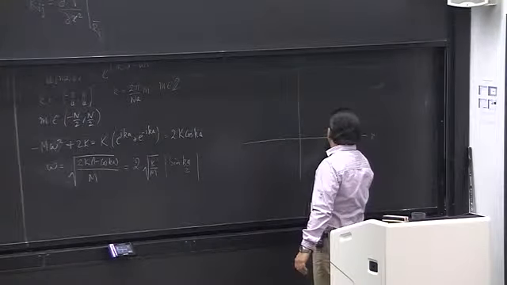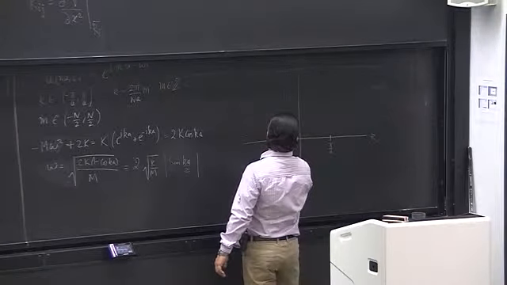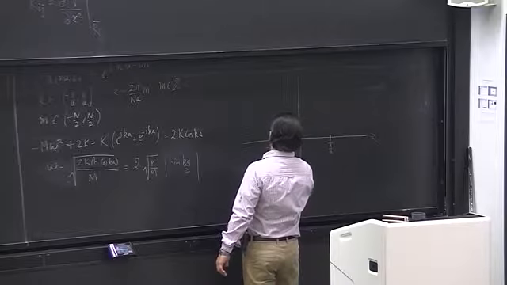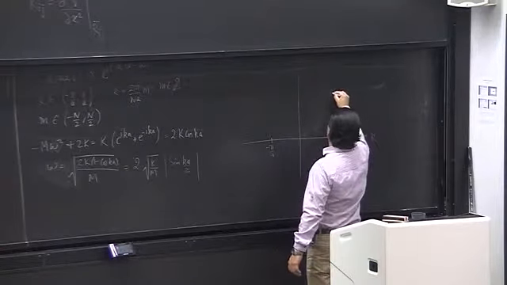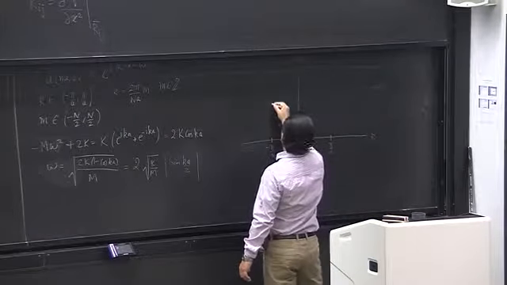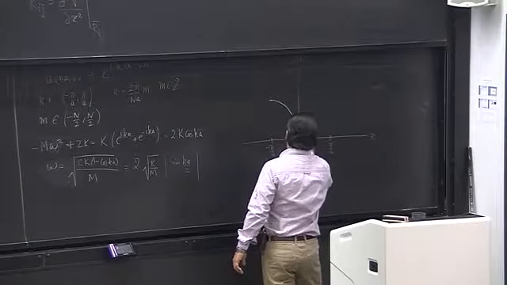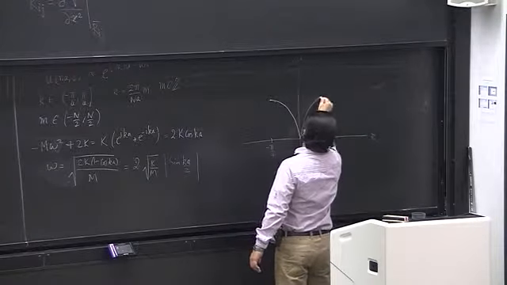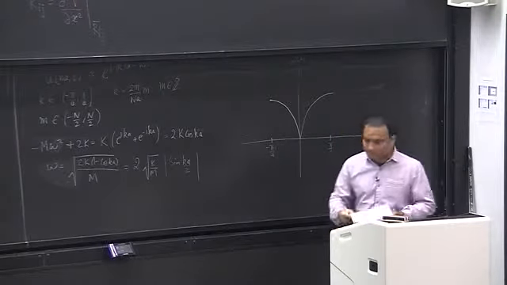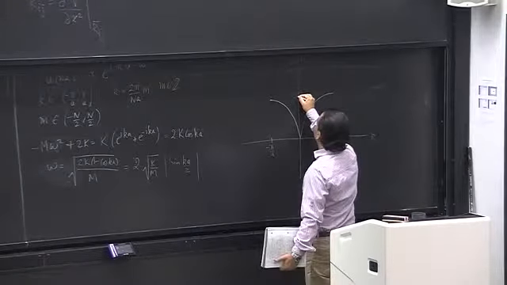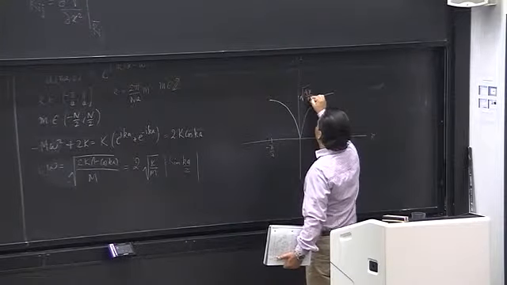We're going to restrict it to the first Brillouin zone, so pi by a to minus pi by a. And the solution is mod sine ka, looks something like this, where this value here is 4k over m.